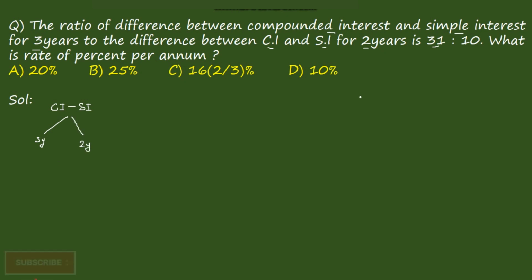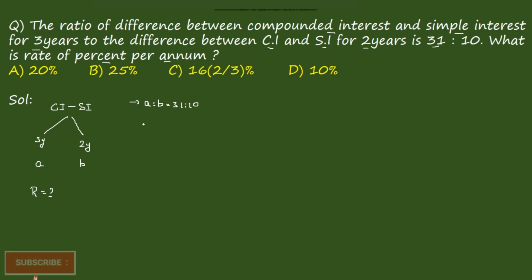The ratio is 31:10. If you consider 3 years as A and 2 years as B, then the ratio A is to B is equal to 31:10. We have to find the rate.